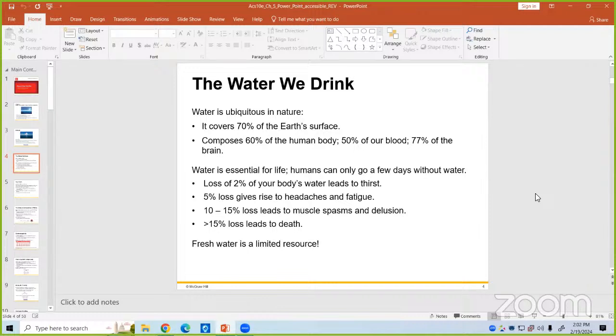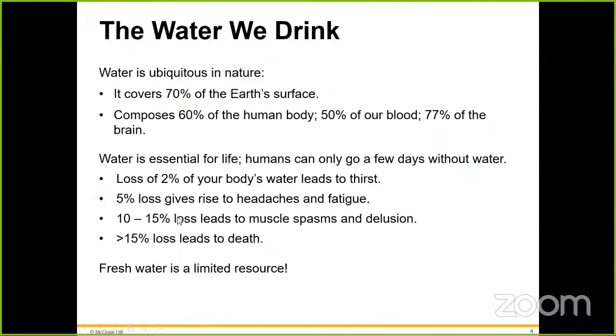And as far as the human body is concerned, it composes 60% of the human body, 50% of our blood, and 77% of our brain. And as I said before, water is very essential, especially to us human beings. And as you can see here, some information about the extent to which we can do without water.